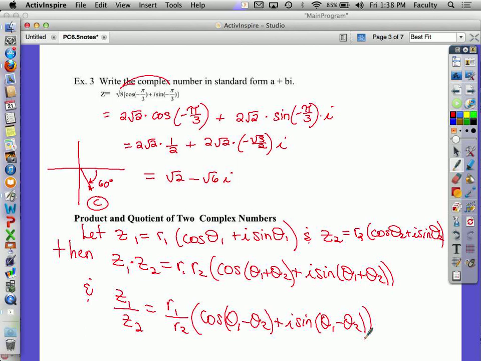So this is the product and quotient of two complex numbers.